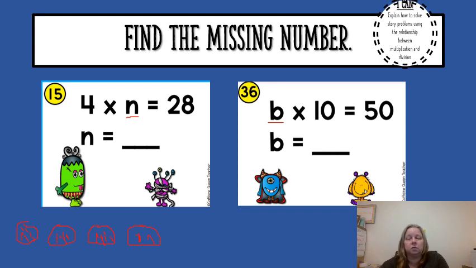Kind of made my circles too small. Luckily, I know my math facts. So if I count in my circle, there are 7 in 4 equal groups.